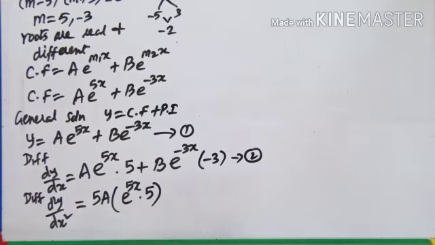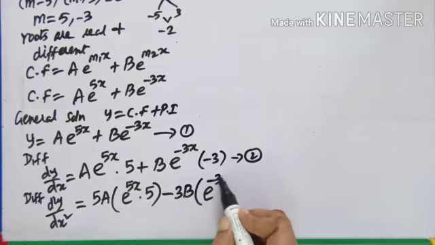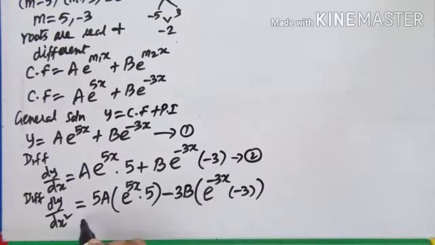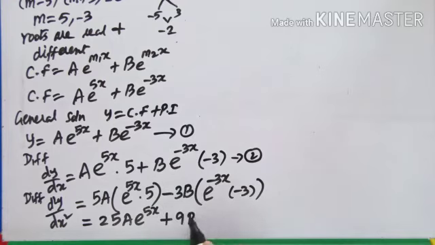Again differentiating, -3B comes as it is, and e^(-3x) becomes e^(-3x) into -3. This is nothing but 25A e^(5x) + 9B e^(-3x). Call this number 3.